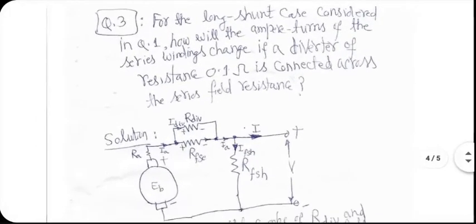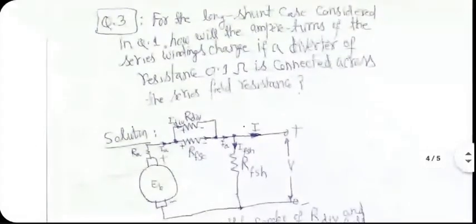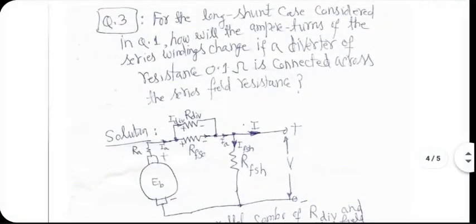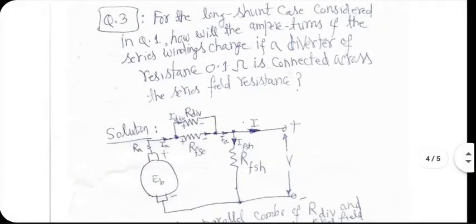So how will the current going through RFSC change? The number of turns in RFSC will not change, it is the current. We need to figure out the new value of current in RFSC compared to question 1. So it's a circuit theory problem. Once you have drawn the equivalent circuit, the rest is all KCL, KVL, and Ohm's law.